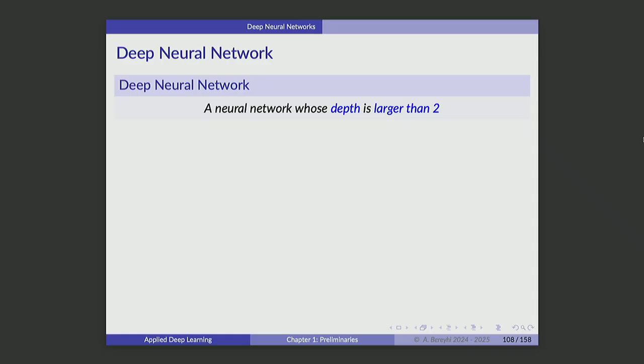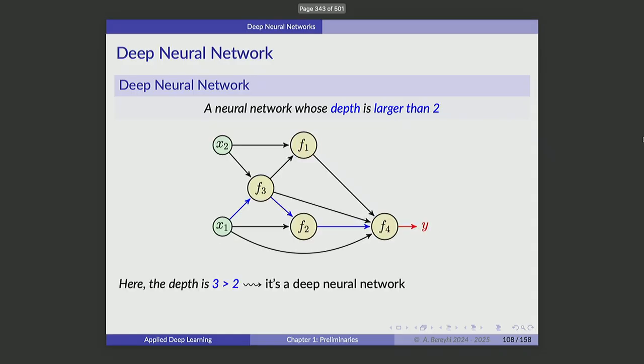There's no more definition to it. If you have more than depth 2, then you have a deep neural network, okay? So, for instance, what we had here is a deep neural network, even though it doesn't look like one. But it is a deep neural network by definition, because it has depth 3, and 3 is more than 2.